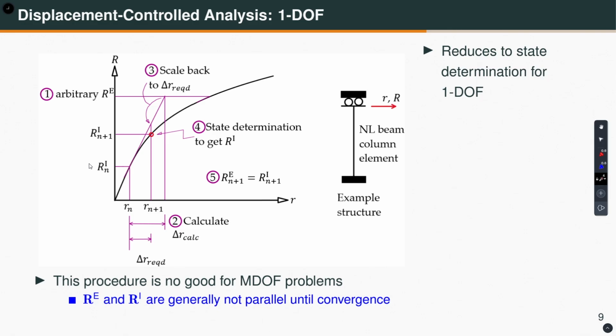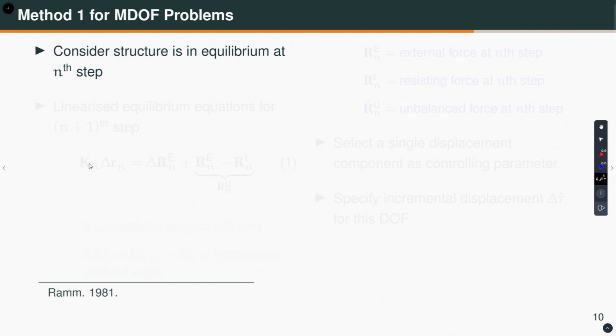So what do we do then? Let's try to understand the basics, and in the next lecture we'll continue with this. So let's say we have a multi-degree of freedom problem and consider the structure is in equilibrium at the nth load step.